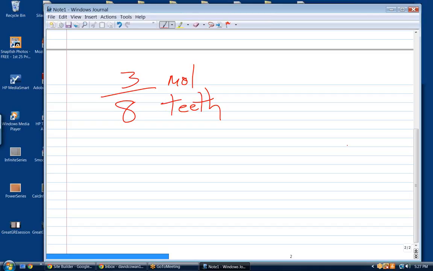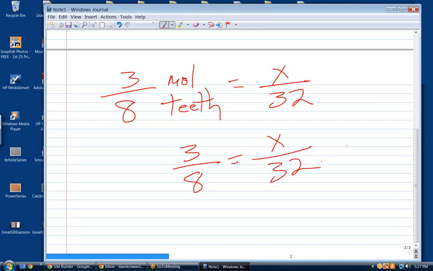In other words, for every 8 teeth in your mouth, you're going to have 3 molars. So if I had 32 teeth in my mouth, how do I solve this? 3 is to 8 as whatever we're looking for as an answer is to 32.